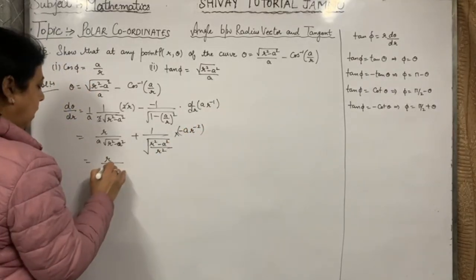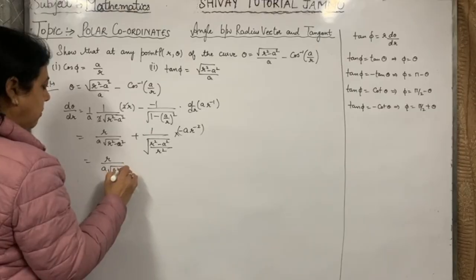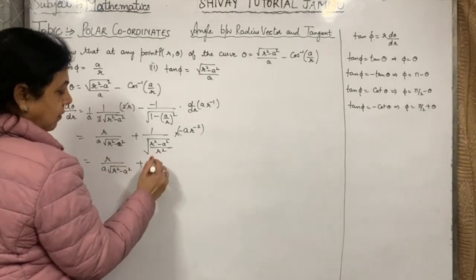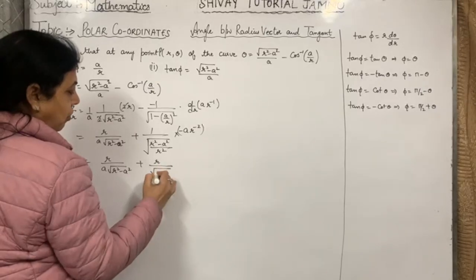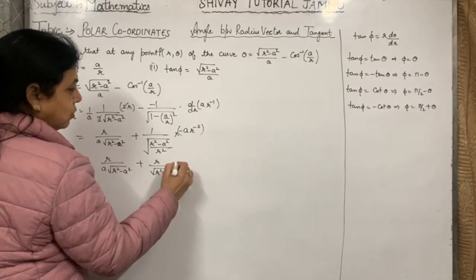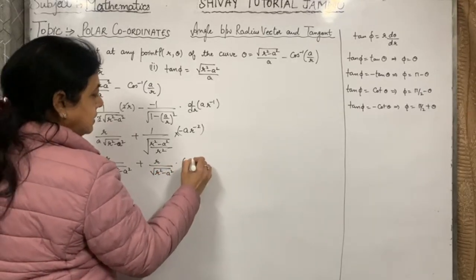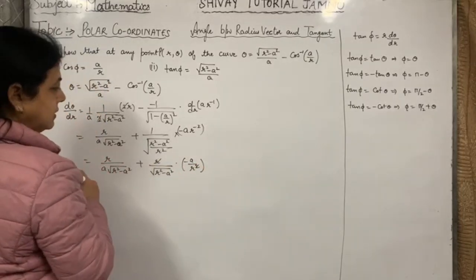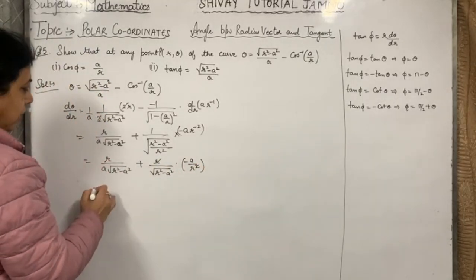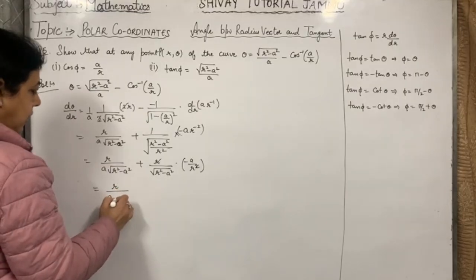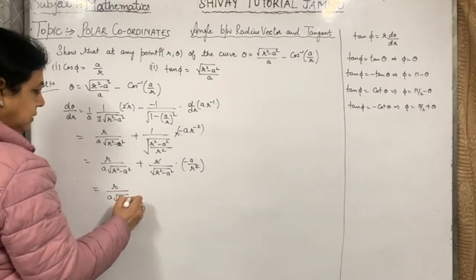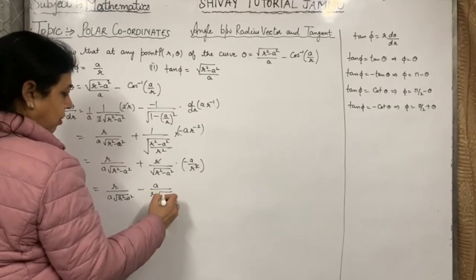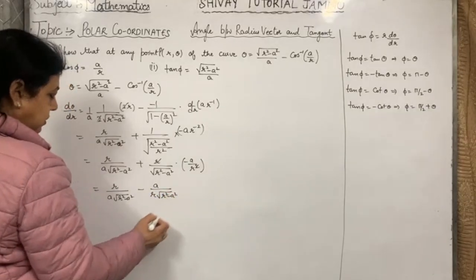This is 1 by a root r square minus a square plus we will get r upon root r square minus a square into minus a upon r square. R will cancel. We will get r upon a root r square minus a square minus a upon r root r square minus a square.